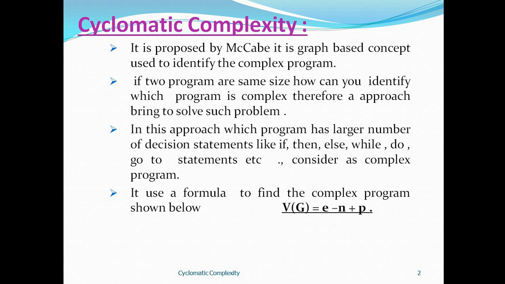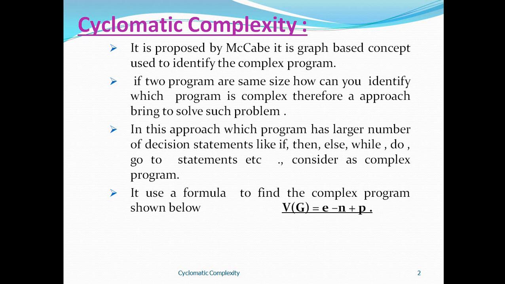Which program has a large number of decision statements is considered a complex program. These decision statements are like if, else, while, do while, go to, etc. And it uses a formula to find the complex program, as shown below.